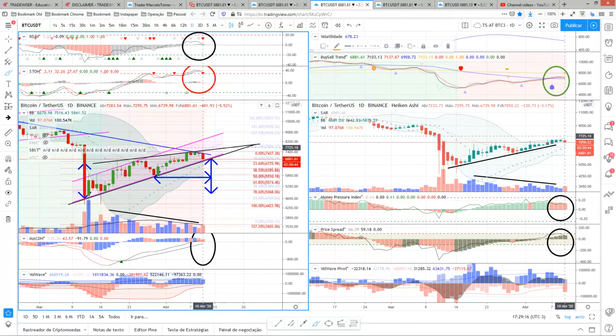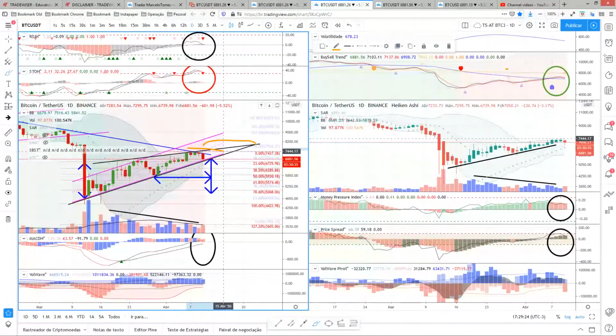So we have this whole time right here to see where prices are going to break out, but it has to overpass this downtrend line.